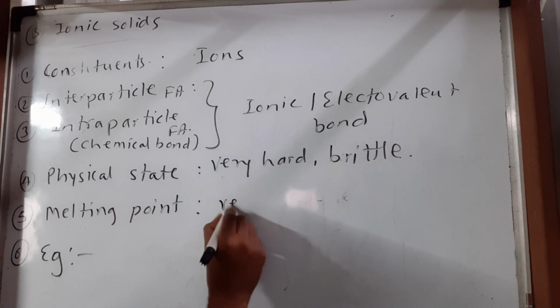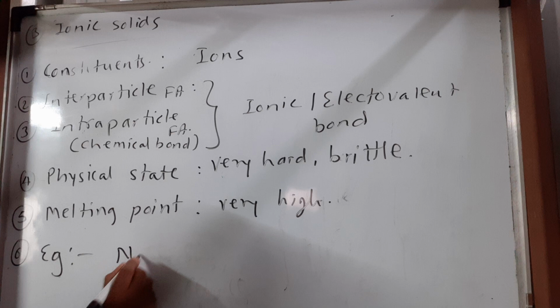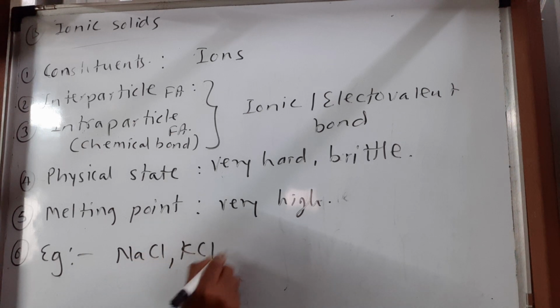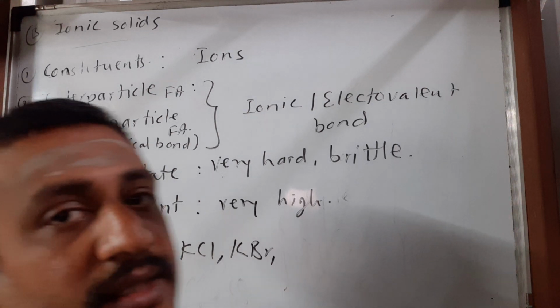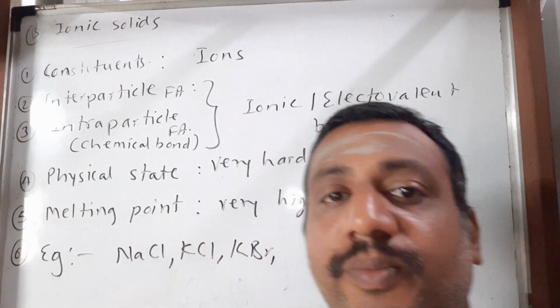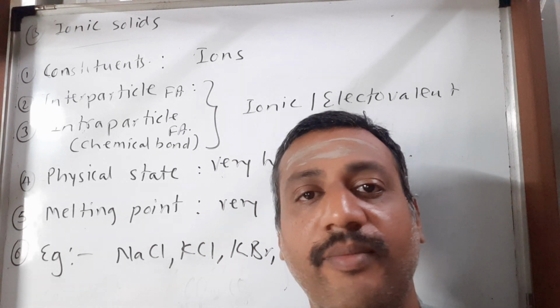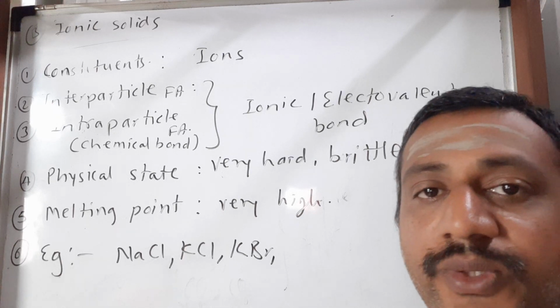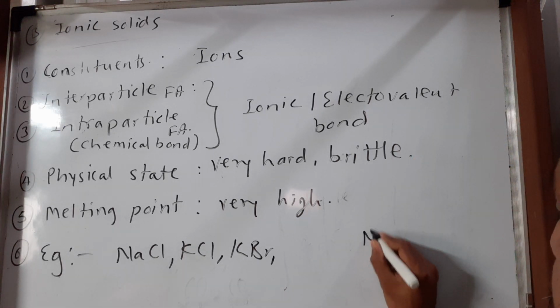They have a very high melting point. And examples: NaCl, KCl, KBr, KNO3, and so on. Many other examples: NH4Cl, where a first or second group metal and a group number 16, 17 non-metal combine together to form the ionic compounds.